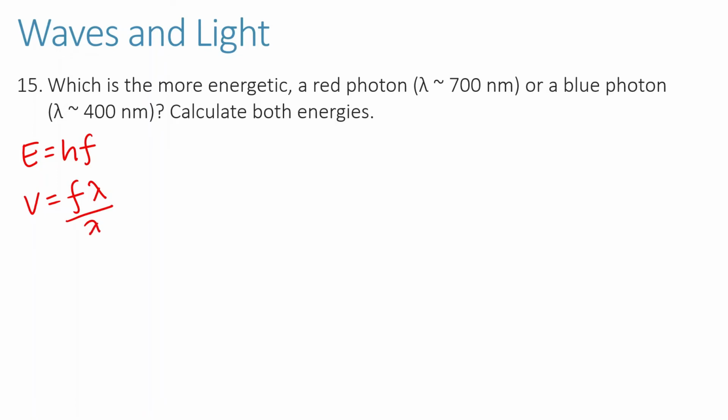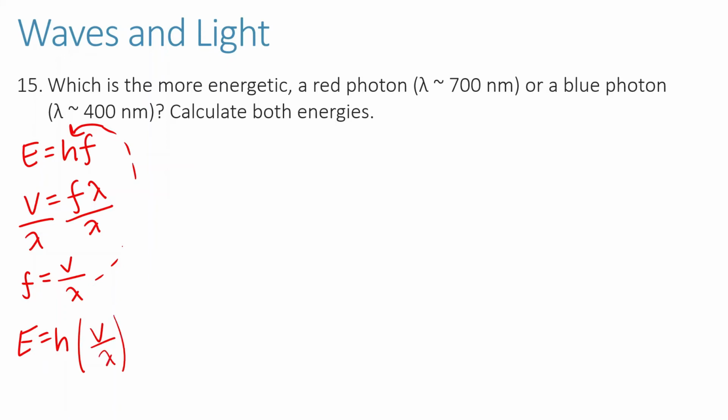I'm going to divide both sides by wavelength. And so frequency is equal to velocity over wavelength. Now I'm going to plug this into my equation here for f. So I'm going to get that energy is equal to h times velocity over wavelength.